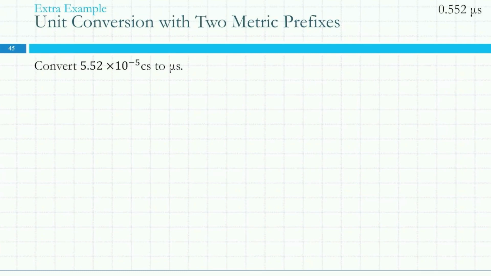Seconds. S is seconds. So we're working with seconds here. So what is a CS? C, just like centimeter would be cm, CS would be a centisecond.